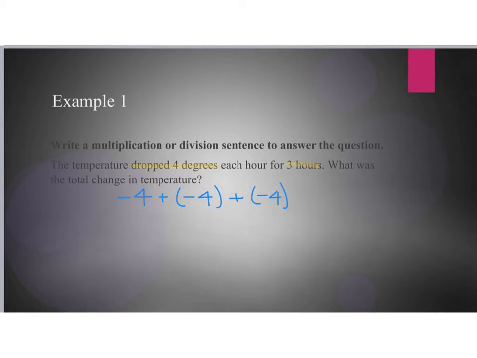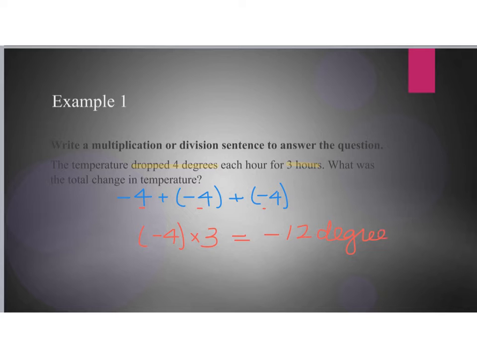However, the problem said to write a multiplication or division sentence. So if I change this repeated addition to a negative 4 times 3, because I have 3 occurrences, we can see that we ended up with a total drop of negative 12 degrees.